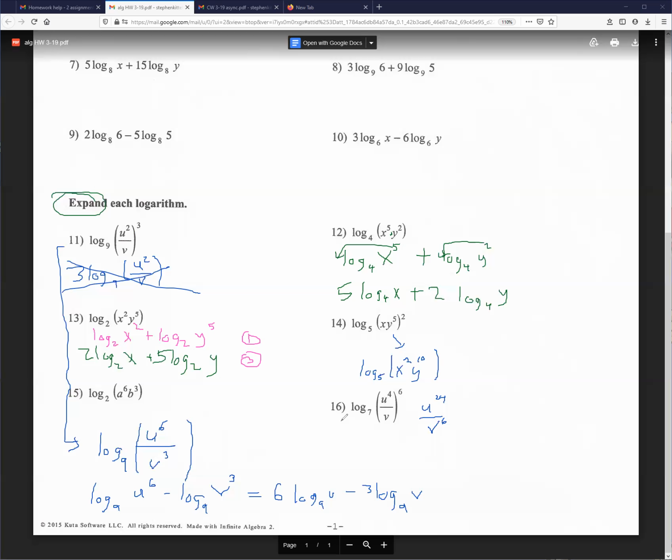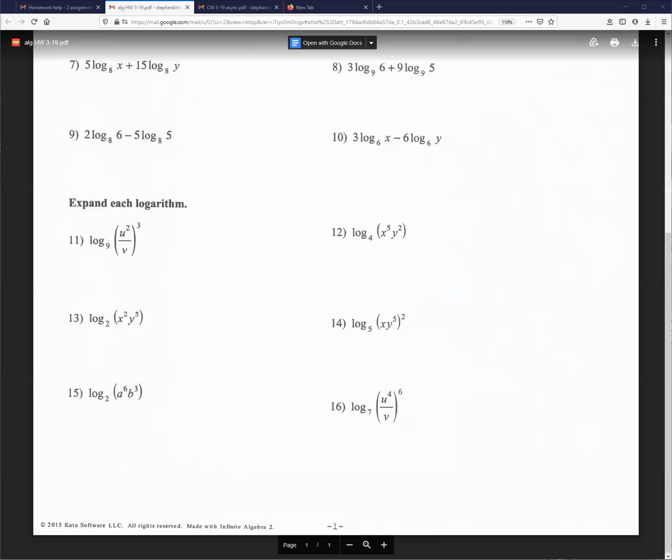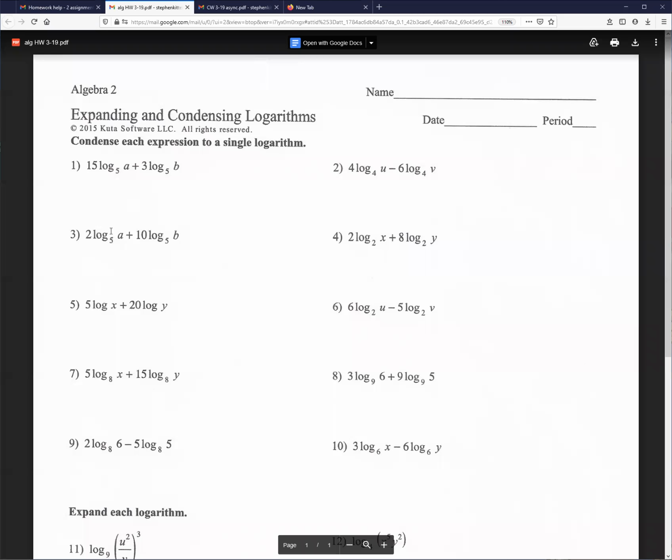It's generally going to be that you're going to deal with the add and subtract as a separate step from bringing the power out as a coefficient or inside as a power. Property number 3 tends to be either the first or last step, depending on which direction we're going. So in the case of going this way, it's usually the last step. But if we are dealing with the stuff at the top here where we are condensing, it's usually the first step.